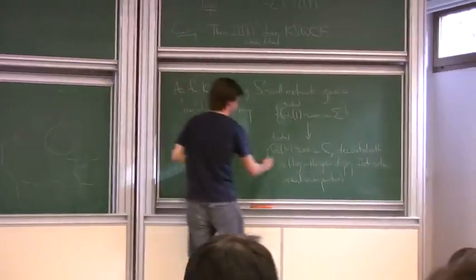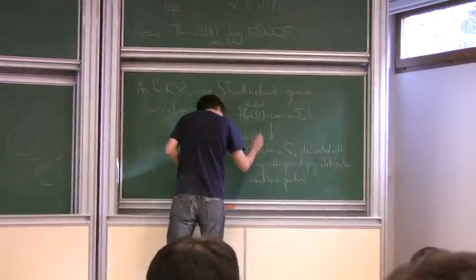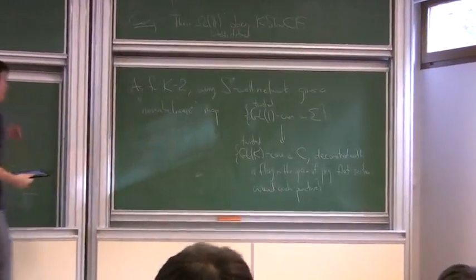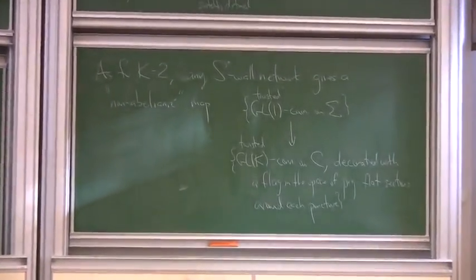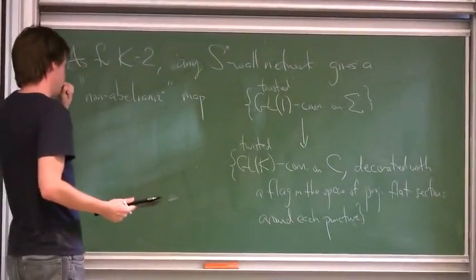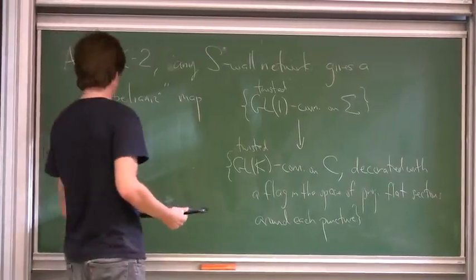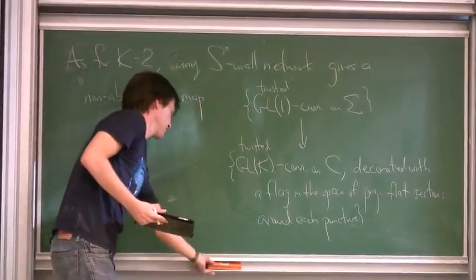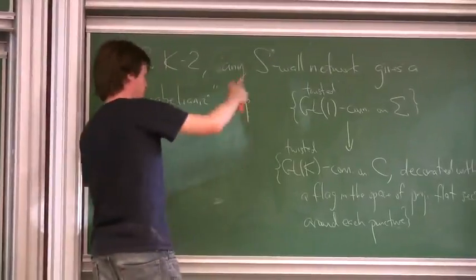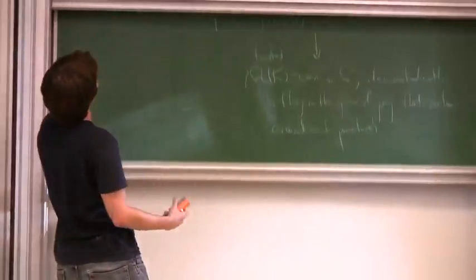So, sorry, I was calling this K. So at least for some special S-wall networks, not the most generic one, but for some special ones, this non-abelianization map has been seen before.